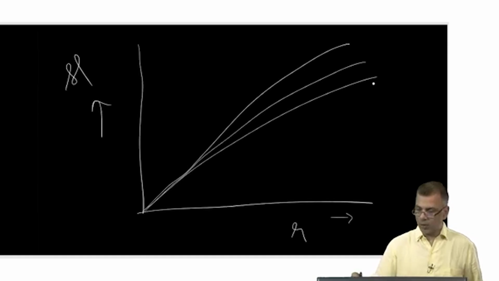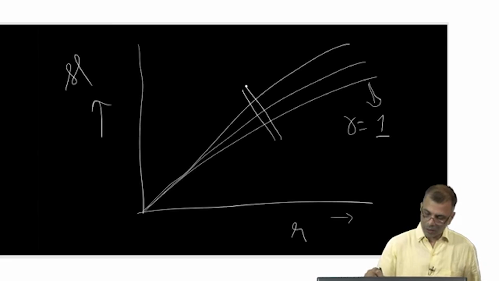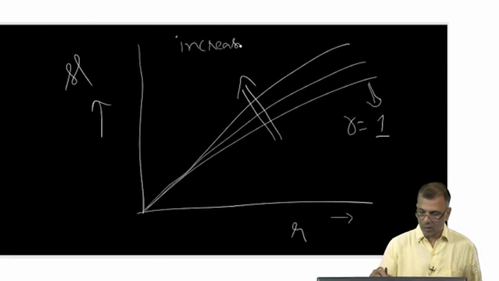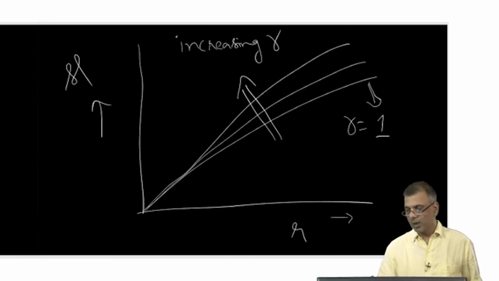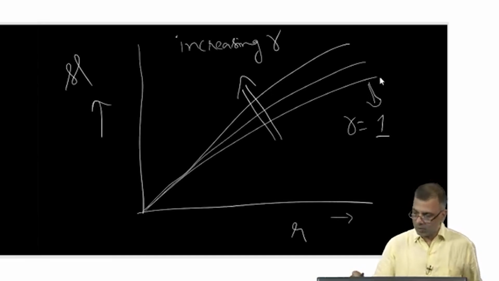For instance, this curve would be gamma equals 1, and in this direction you would have increasing gamma. So, this would be the isothermal, the original Parker wind solution.